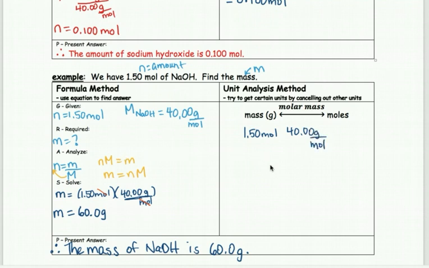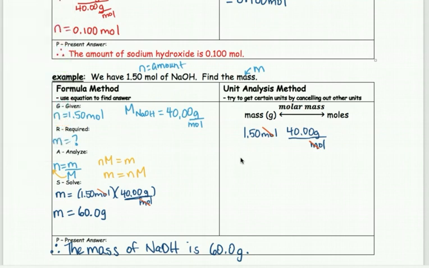Then you can extend the line here for the molar mass, and you can see right away that everything is stacked up perfectly so that I can cancel out the units. Right now we have moles. We want to get rid of the moles, because we want to get mass, so we want grams left. So this is right.